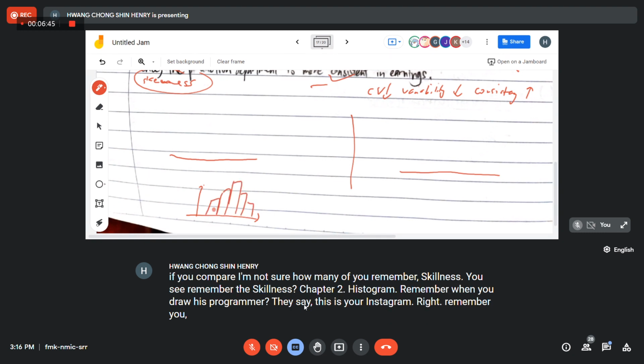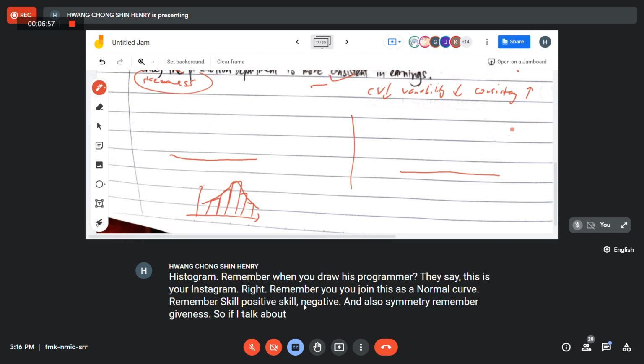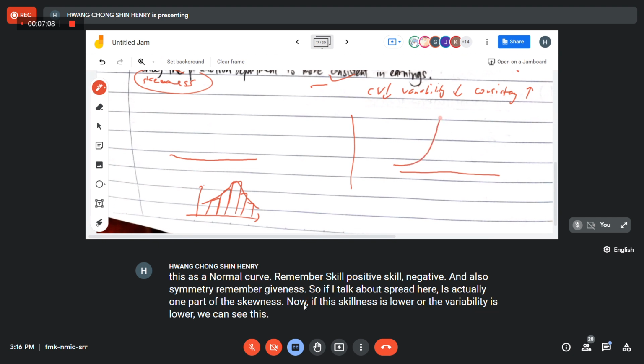Remember you join this as a normal curve? Skew positive, skew negative, and also symmetry, remember? Skewness. So if I talk about spread here, it's actually one part of the skewness. Now, if the skewness is lower or the variability is lower, you can see this very sharp.